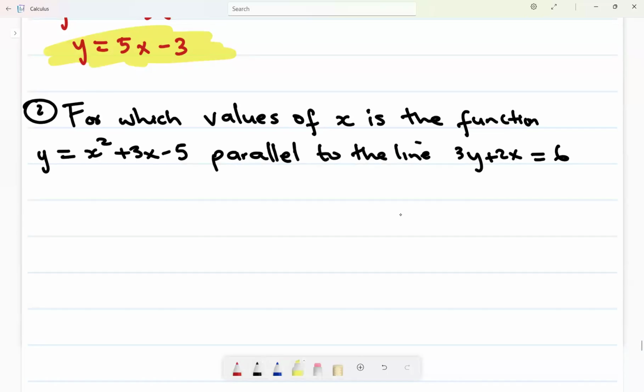Now, remember, for which values of x is the function this one parallel to the line, that one.